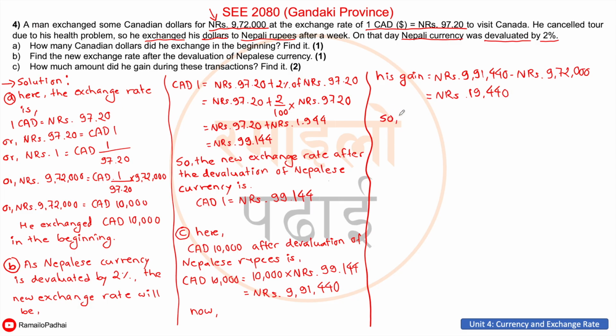So he gained NRS 19,440 during these transactions.